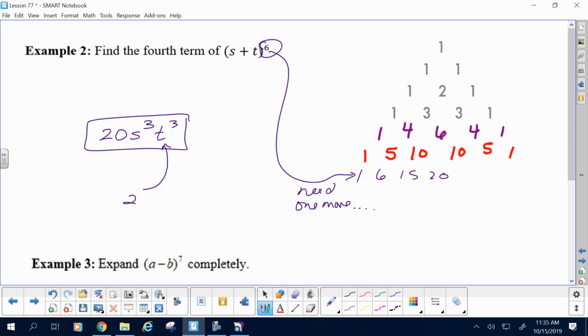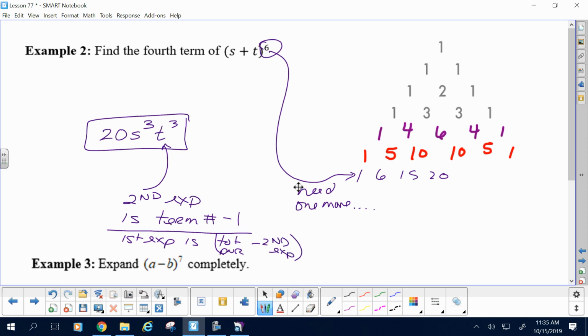The second exponent is always term number minus 1. And the first exponent is total power minus second exponent. That's actually where the formula for the binomial theorem comes from.